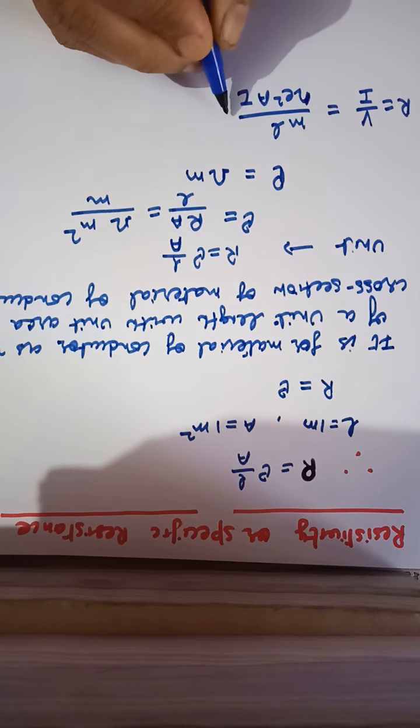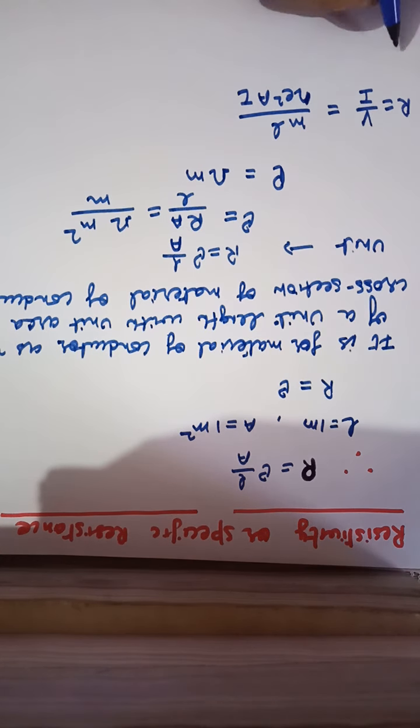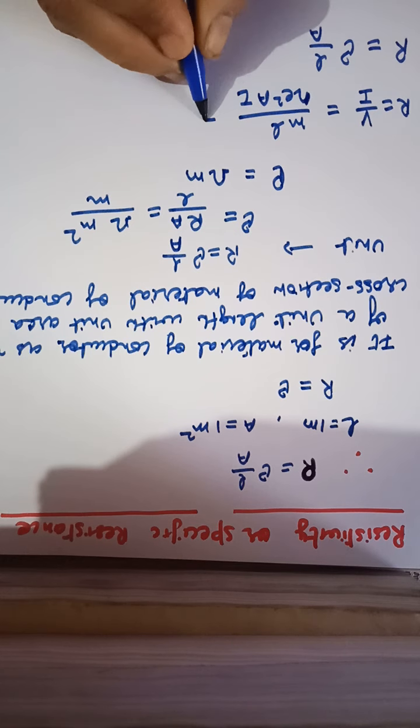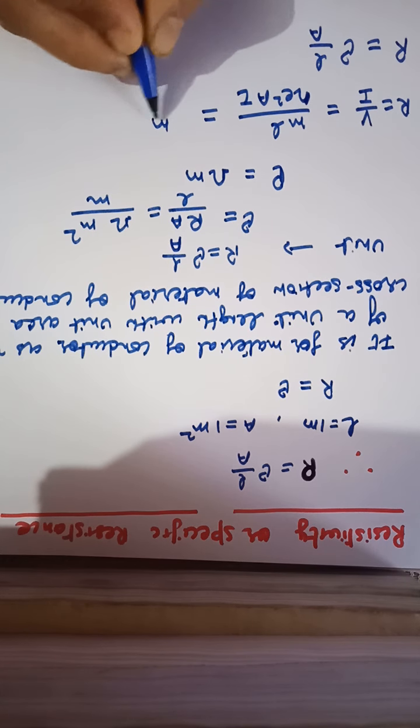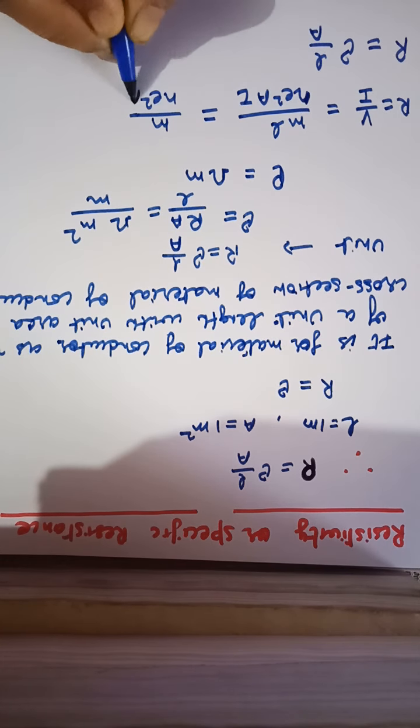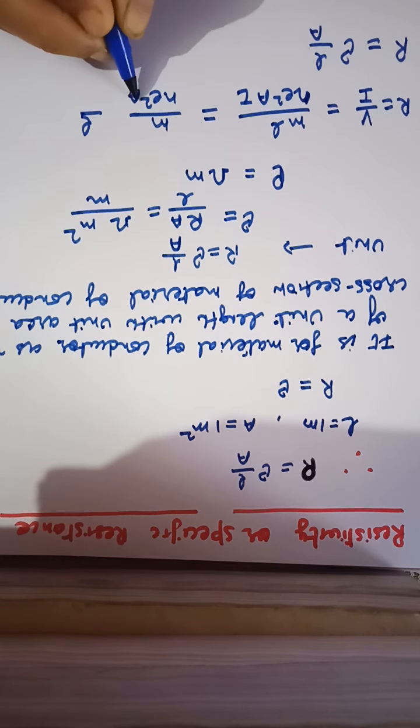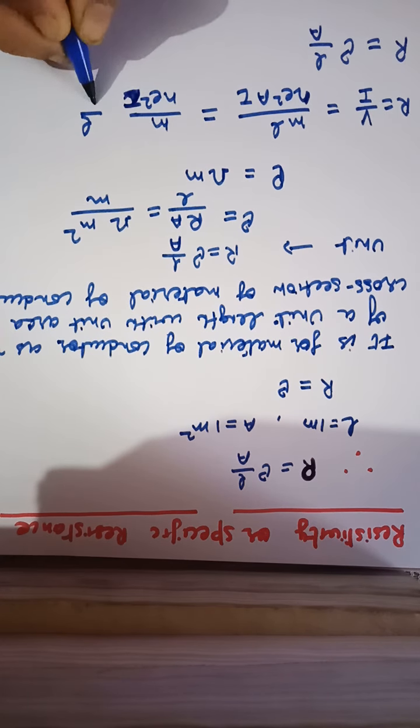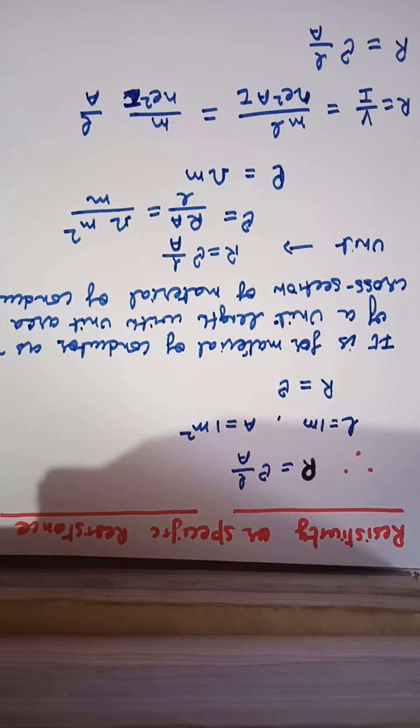So when we compare this with the formula rho L by A, this can be written as m upon N e square tau times L by A.